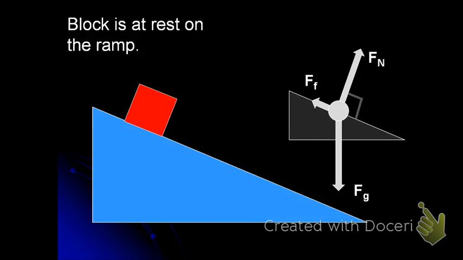Now, how can I tell if this is balanced? So I'm going to look at these forces because that friction looks pretty small. I'm going to see there's this teeny little bit of friction.